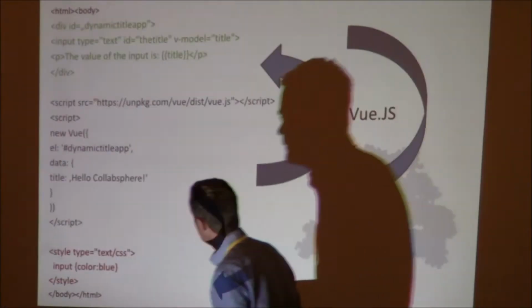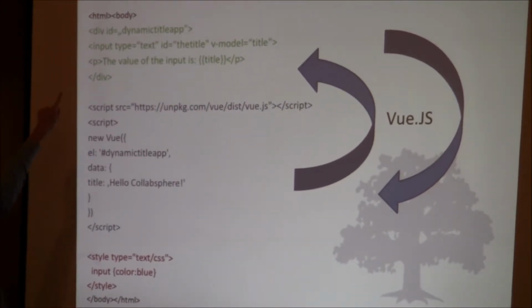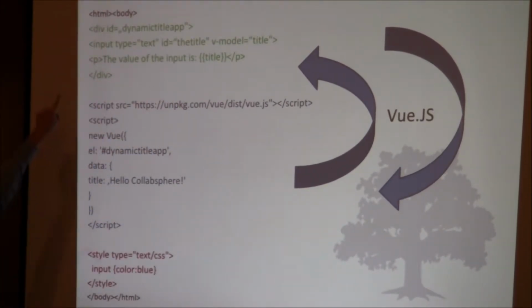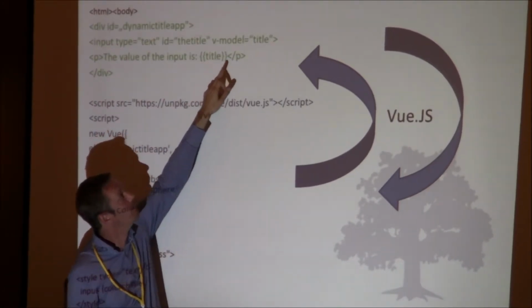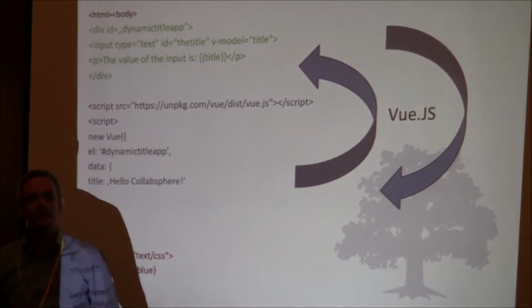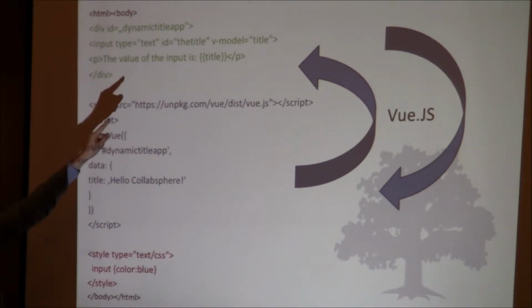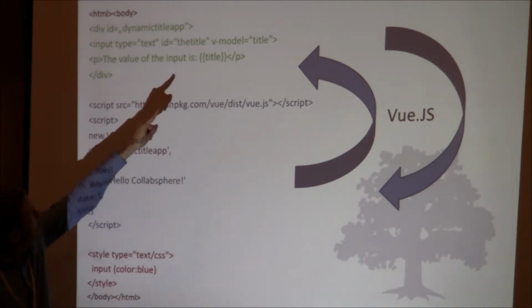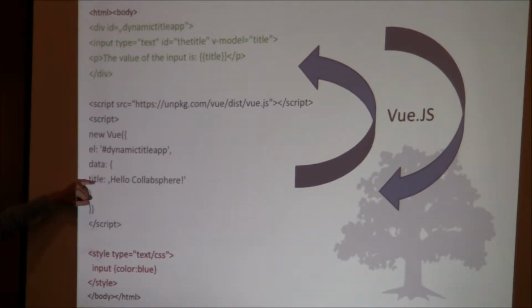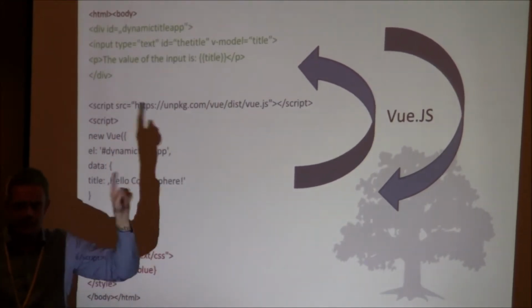As you can see here, it's very easy. We have the title within the data. And if you look up there, you see v-model equals title. All the things starting with v- are the Vue things. What this means is, I want to have the title as model, so I bind it to this one, and I can write it this way also using this.